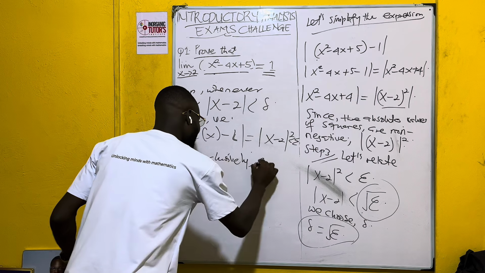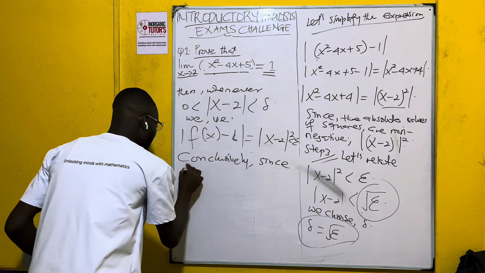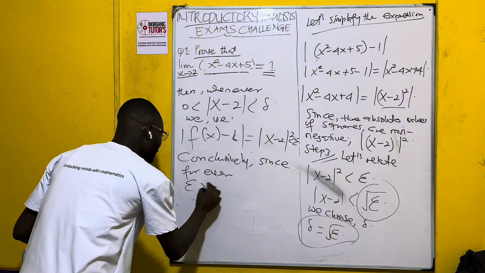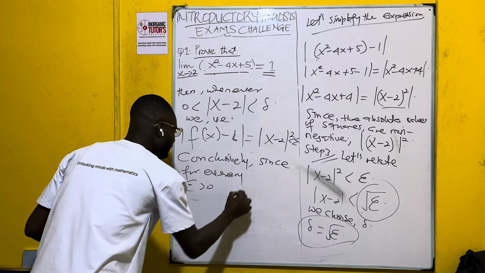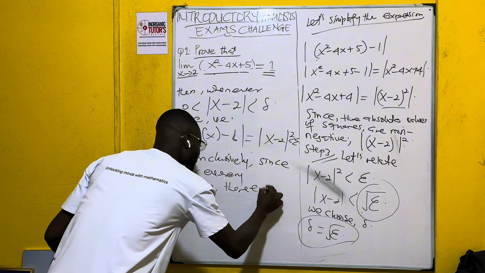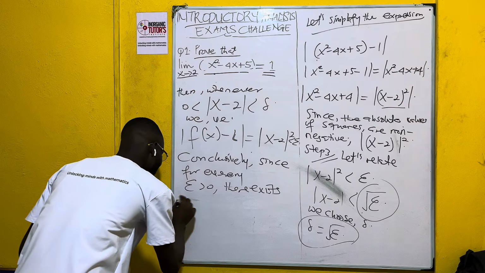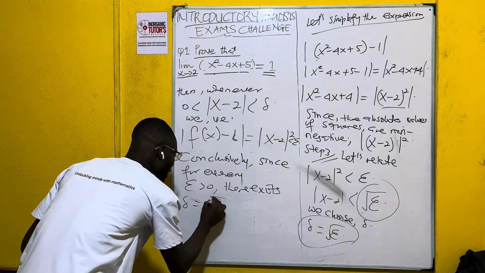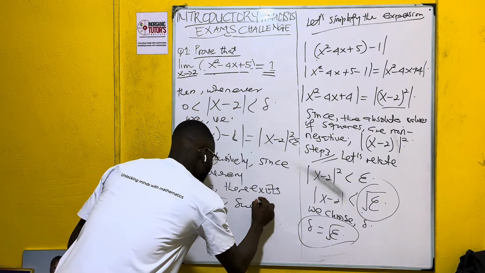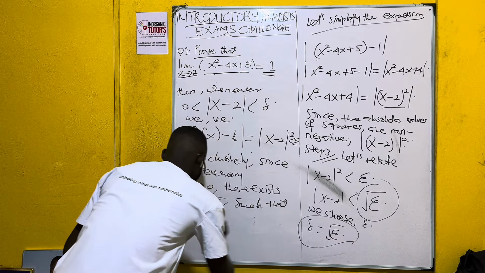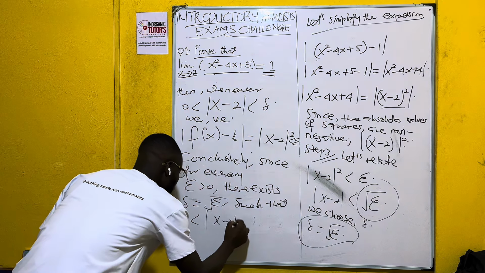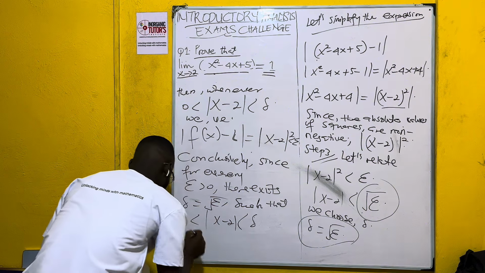So conclusively, we can say that for every epsilon greater than 0, there exists delta that is equal to square root of epsilon, such that 0 is less than absolute value of x minus 2 less than delta.